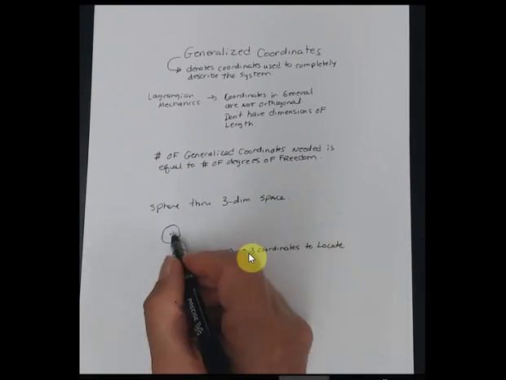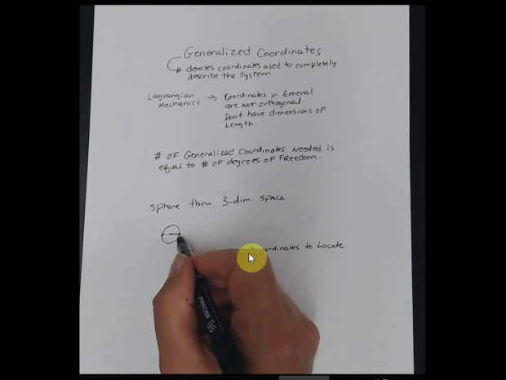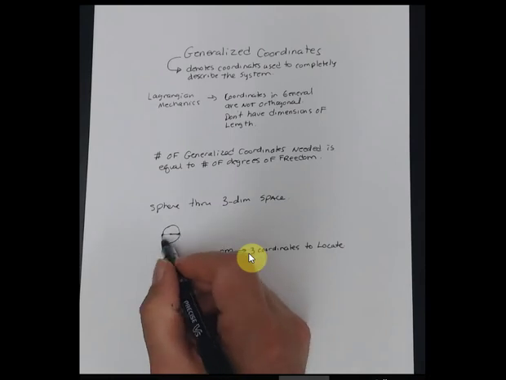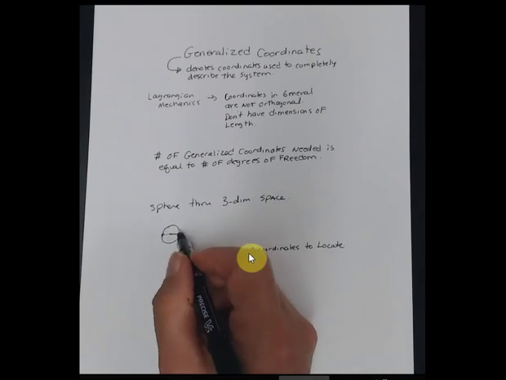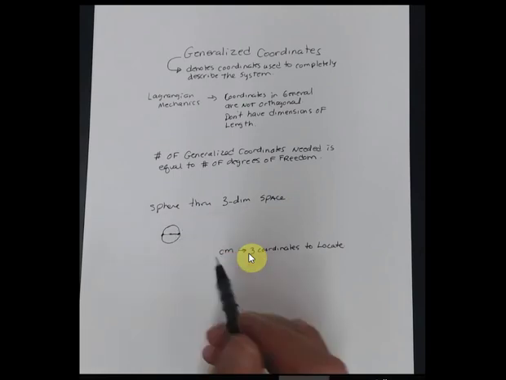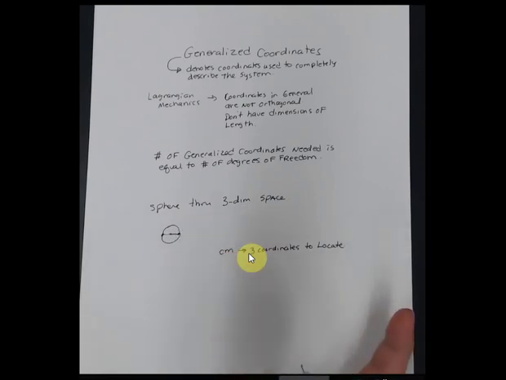But then you have the orientation of your sphere too. So if you mark a couple spots on it, how is it oriented in space? On Earth, which is fairly spherical, to locate a point on the surface, you need a latitude and longitude.